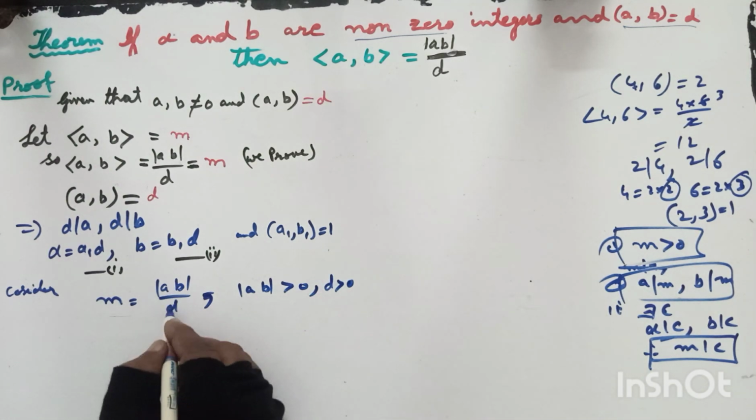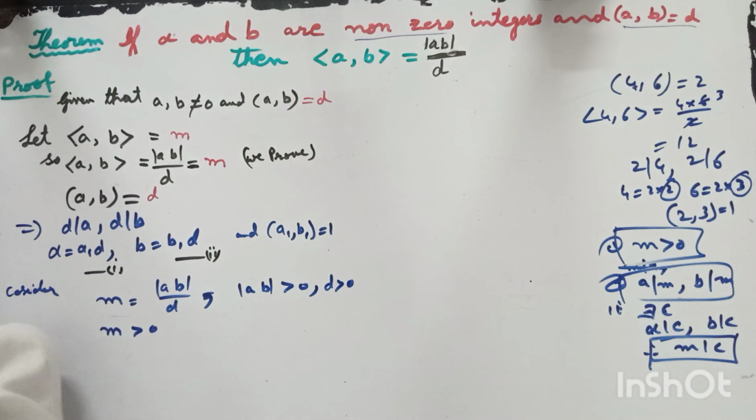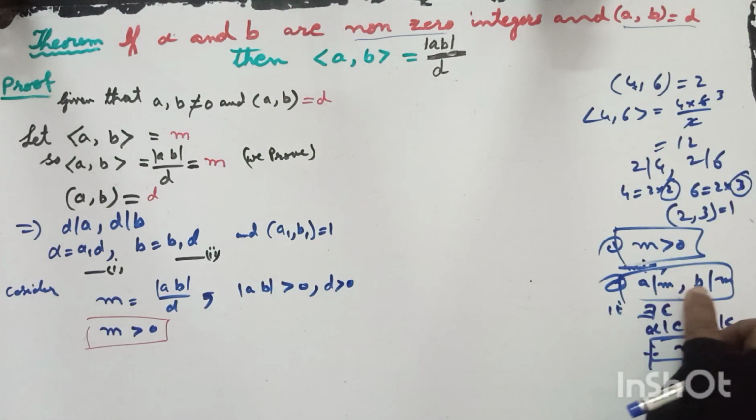Therefore their division must be greater than 0, so M must be greater than 0. This is the first condition we proved. Now what is the second condition we want to prove? a divides M and b divides M.